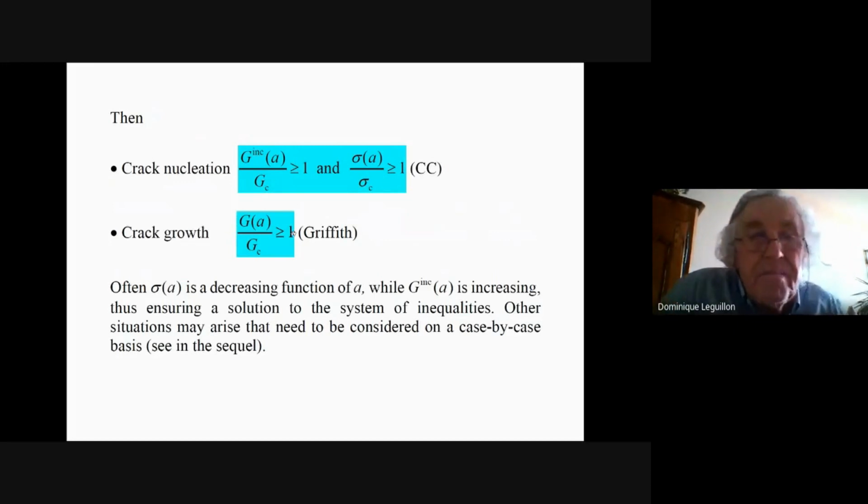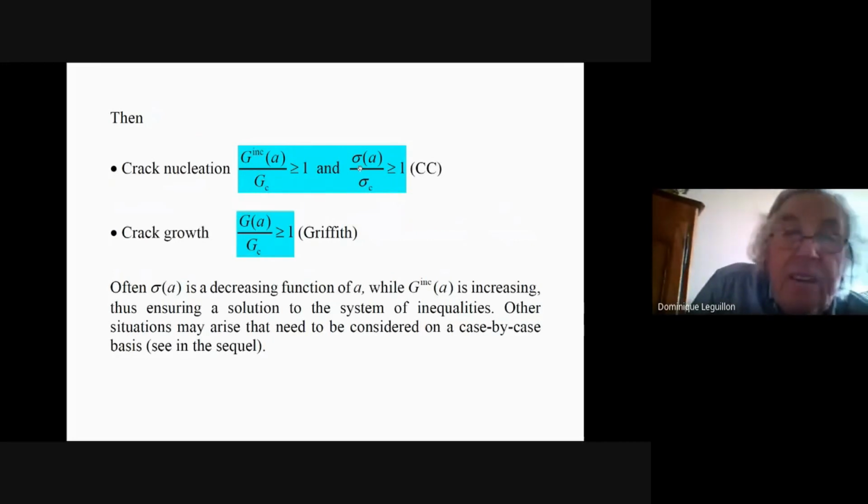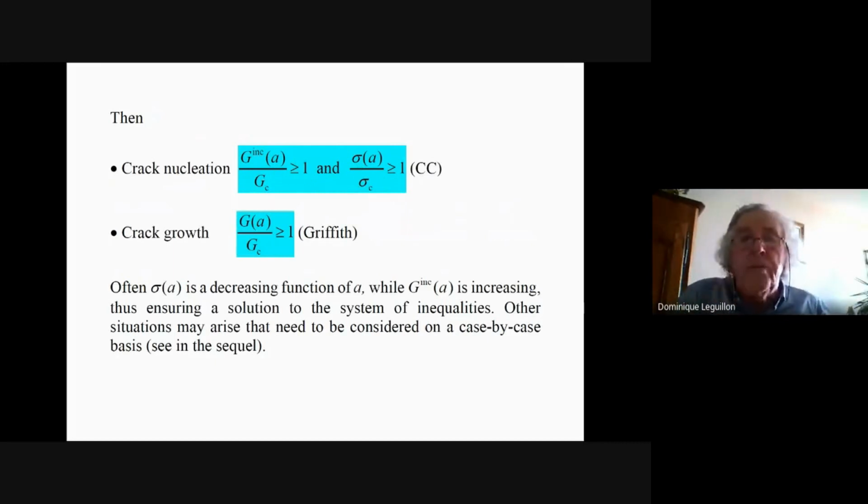In general, sigma of A is a decreasing function of A. On the other hand, G incremental of A is an increasing function of A. And this ensures that this system of inequalities has a solution. In this general case, you can calculate A from these two inequalities.